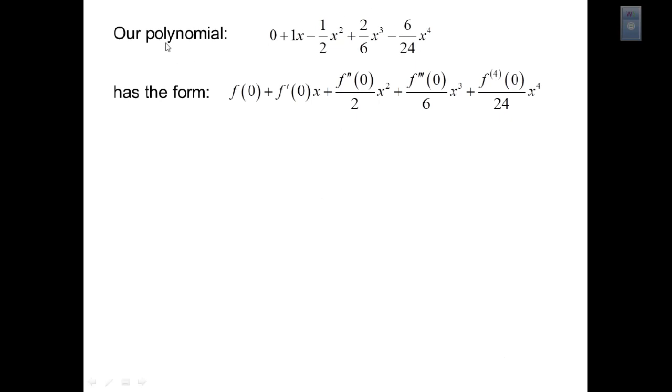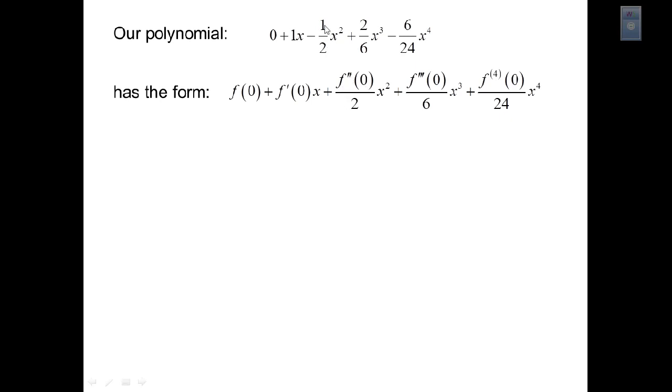Now, notice that the polynomial we've done our approximation for has this form. f of 0, that was our first term here. f prime of 0 times x, that's where we got our 1 from. f double prime of 0 divided by 2 times x squared.